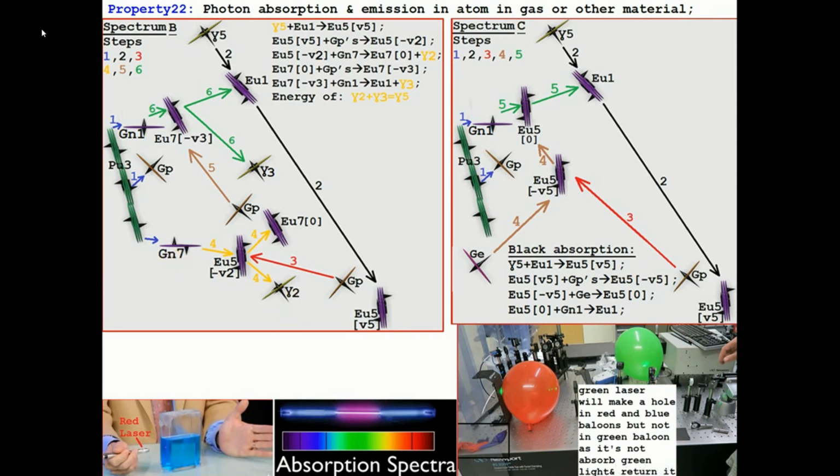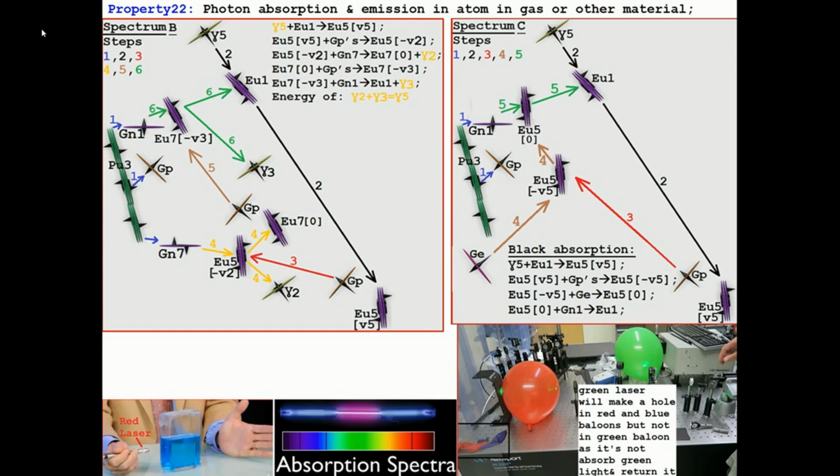Because this is not the natural position of this electron, it is not the preferred position. And after some time, a GP particle from the nucleus will take it back to its original place. So when it arrives at its original place, it will collide with GN1 and transform back to EU1. But because it comes from a longer distance from the nucleus, it has translational velocity minus V3.